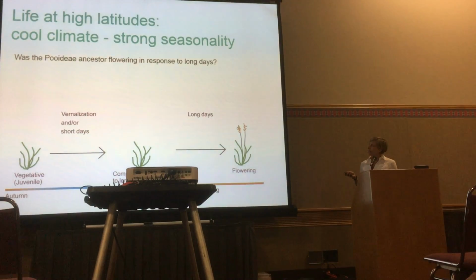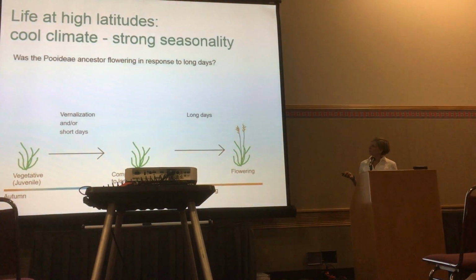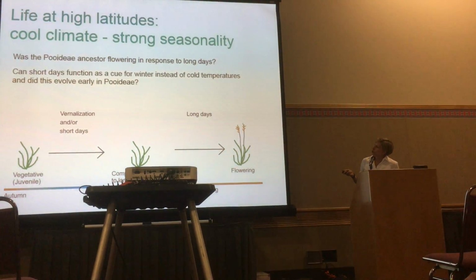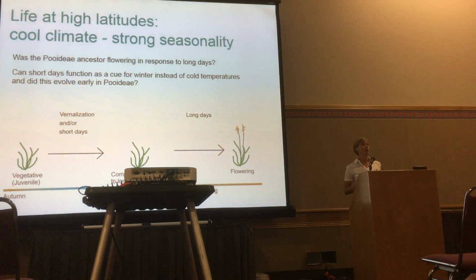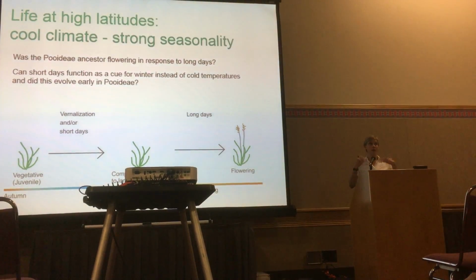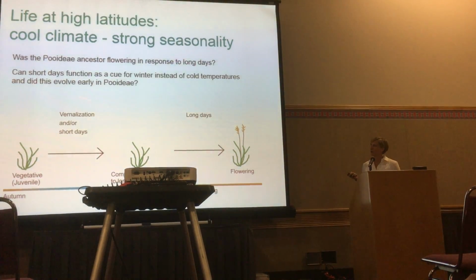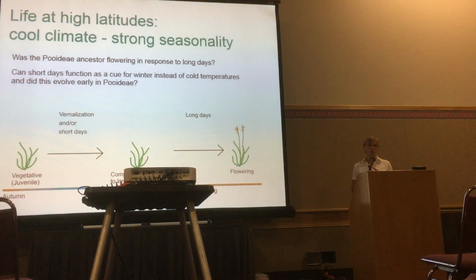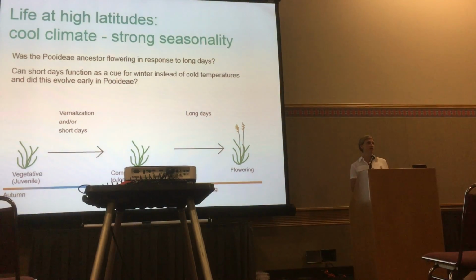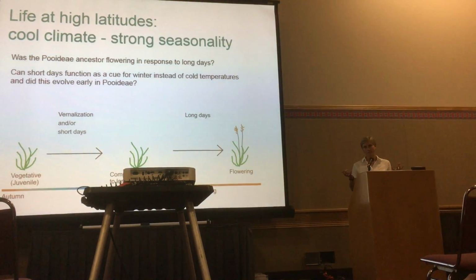The next question is whether short days can also function as a cue for winter in northern temperate areas. We don't know that, because early in the evolution of Pooideae, as Marian said, it wasn't really that cold.